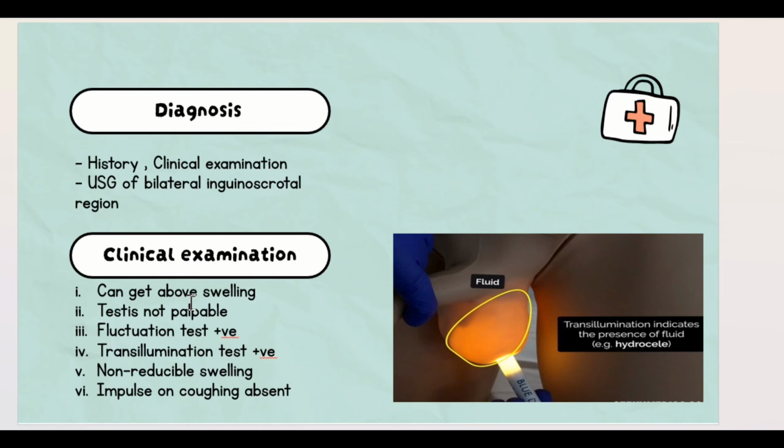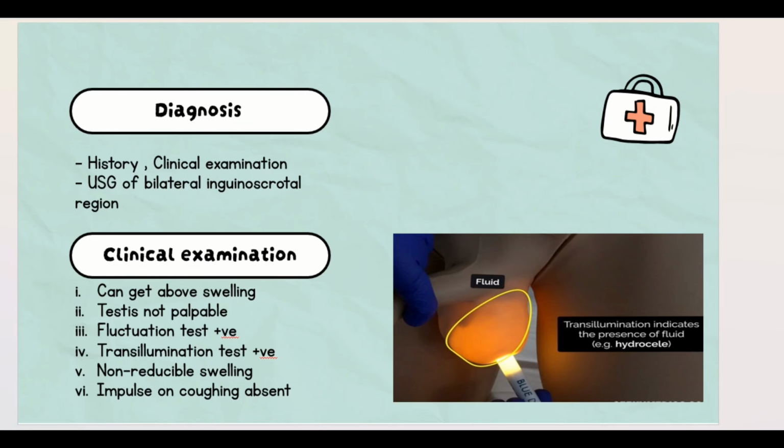First one is we can get above the swelling. As it is purely a scrotal swelling, we can get above the swelling if we palpate at the root of the scrotum. Second is testis not palpable. Basically for primary hydrocele, testis is not palpable separately. Fluctuation test is positive. Transillumination test is positive.